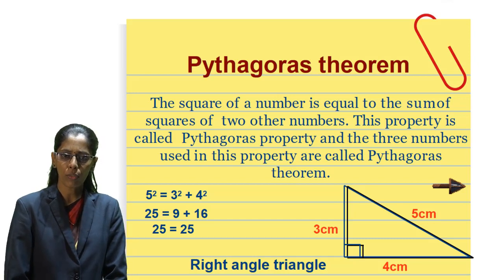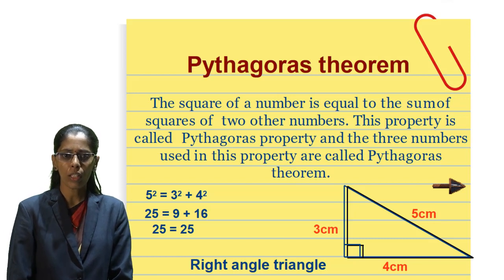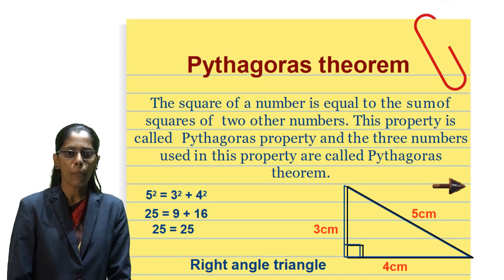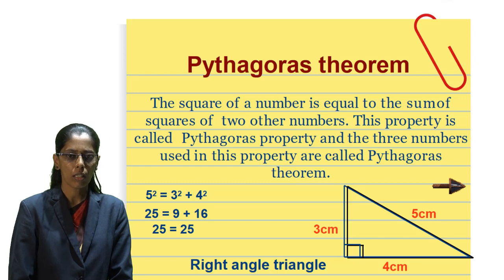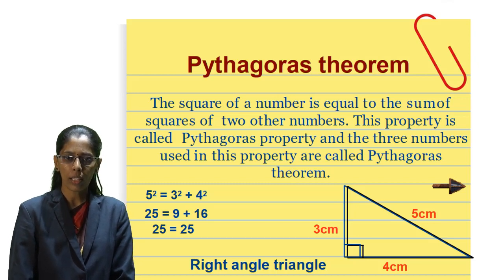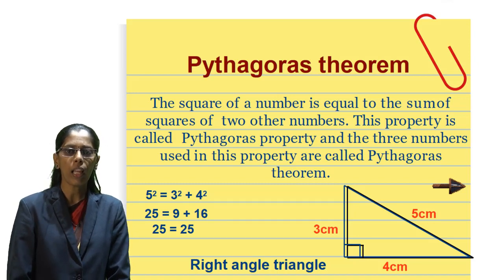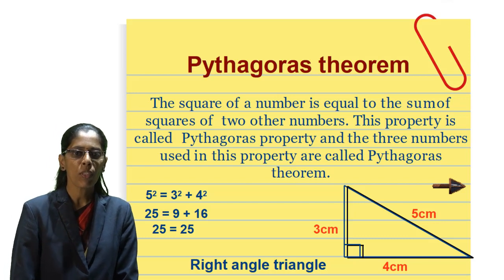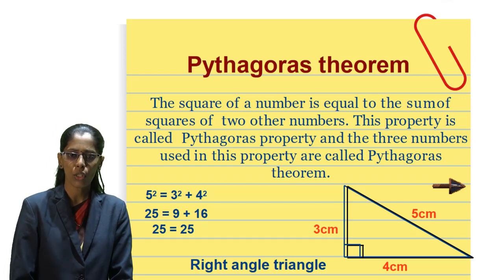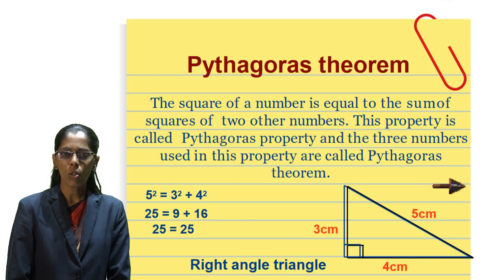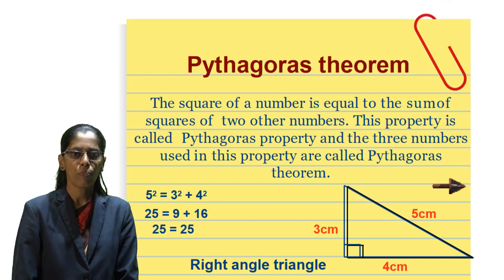Square of 5 is 25, and in the RHS, square of 3 is 9 plus square of 4 is 16. After adding, RHS is 25 and LHS is also 25, so LHS is equal to RHS. This is called the Pythagoras theorem.